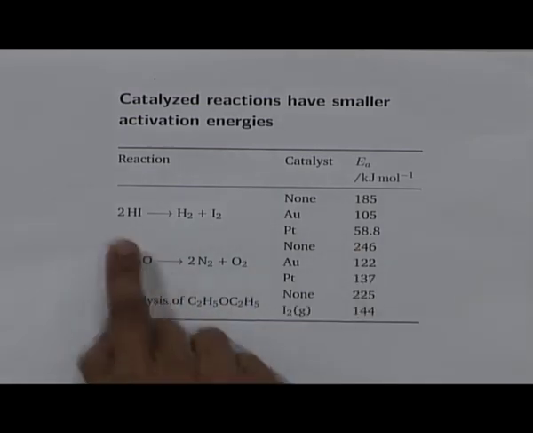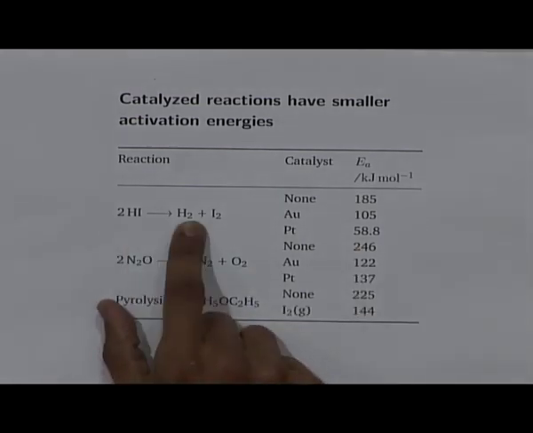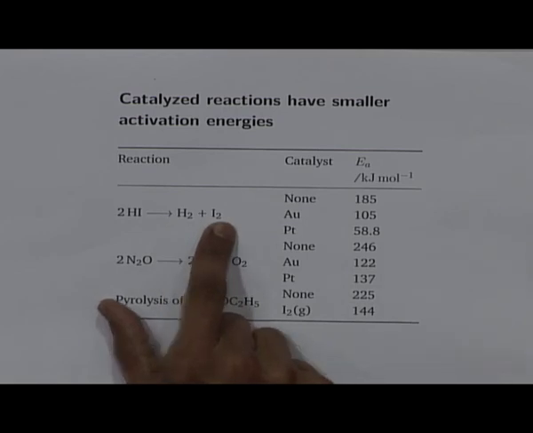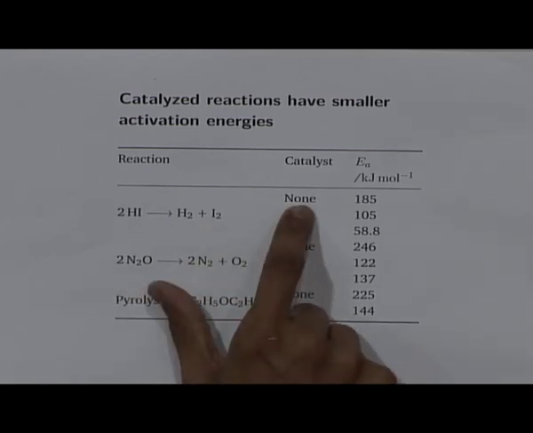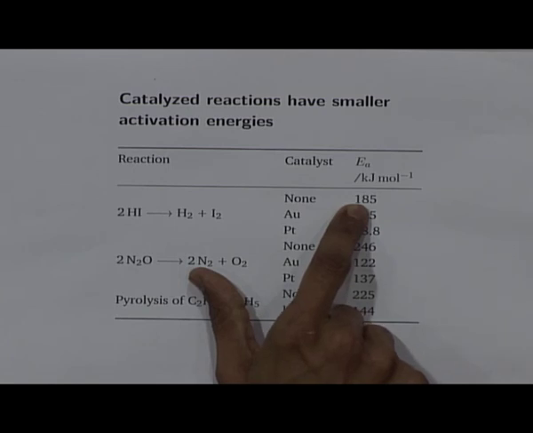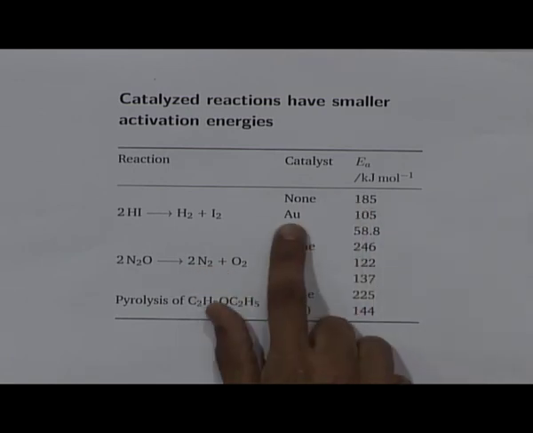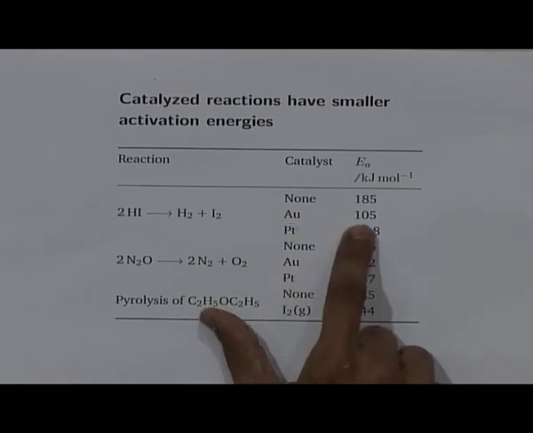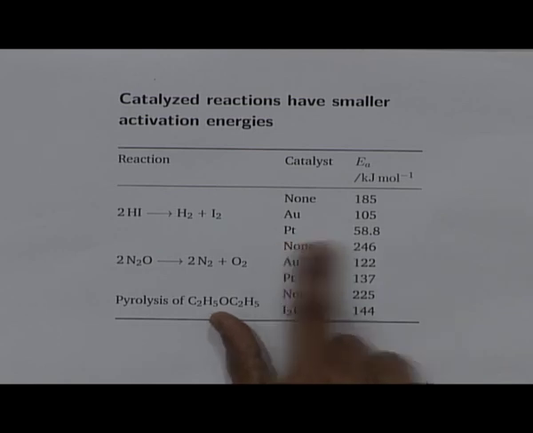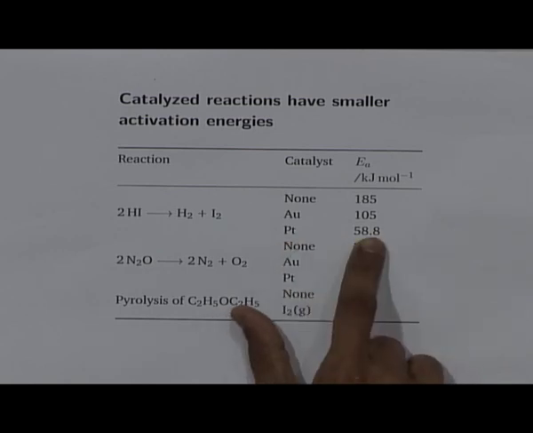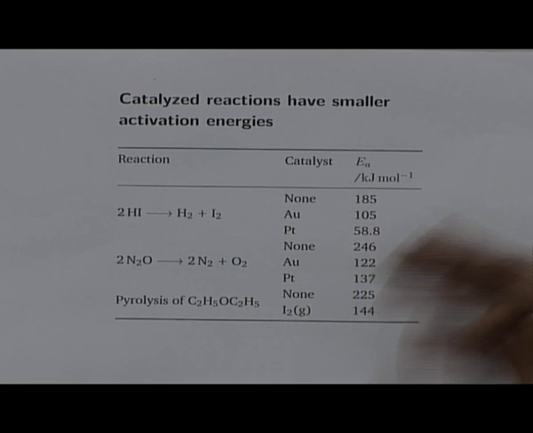Here is the reaction of hydrogen iodide to give you H2 and I2. In the absence of a catalyst, the activation energy is 185 kilojoules per mole. In the presence of gold, it has gone down by about 80 kilojoules per mole, and for platinum it is even further down. So, the decrease in the number of collisions is compensated for by this change in the activation energy.